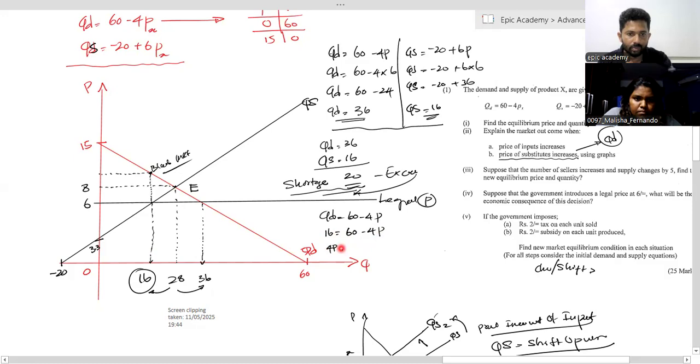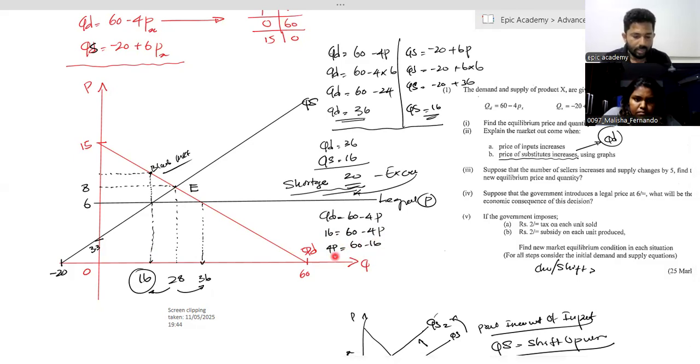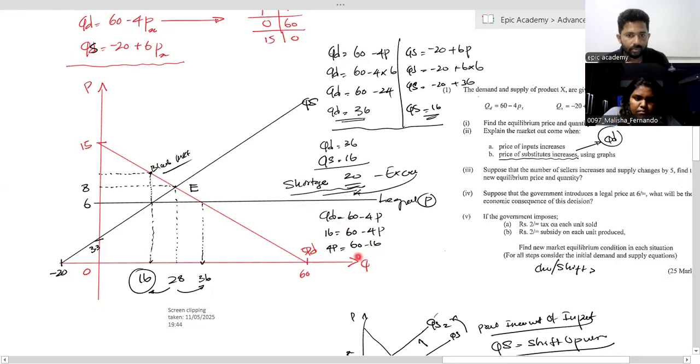It becomes plus 4P, and 16 minus 60, which is minus 44. So 4P equals 44. Divided by 4, the price equals 11. 11 is the black market price.